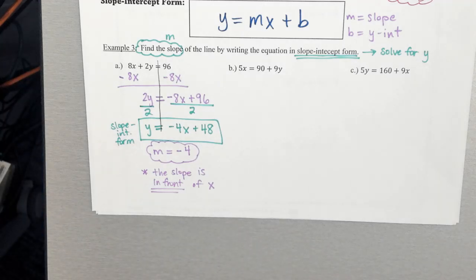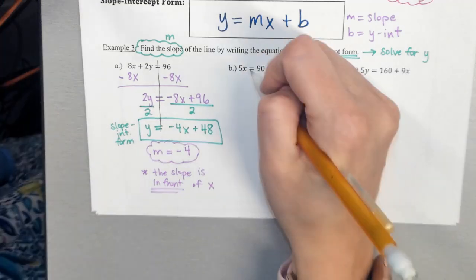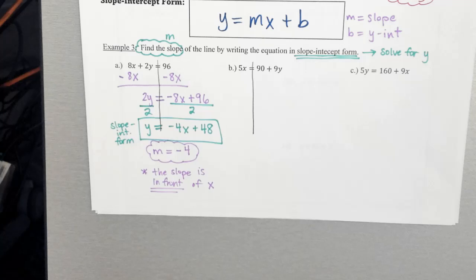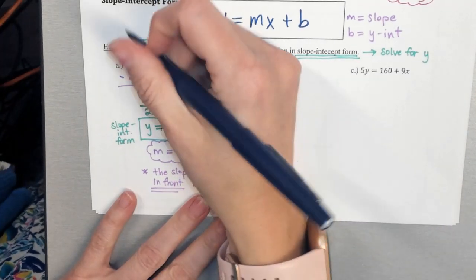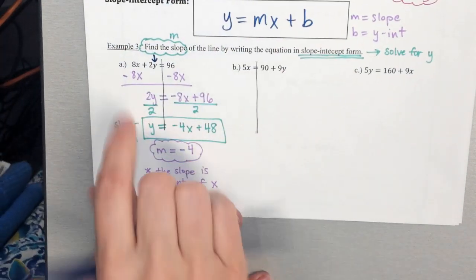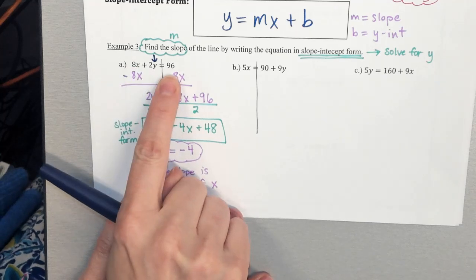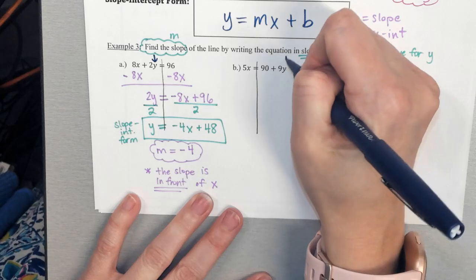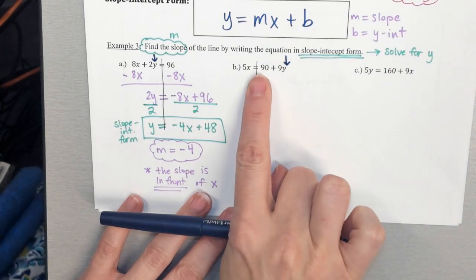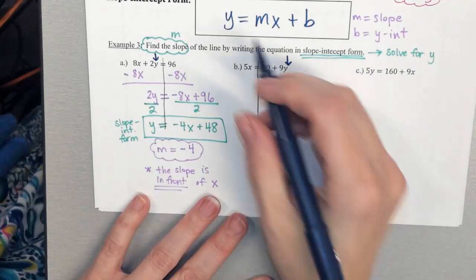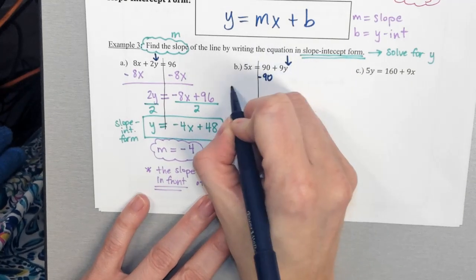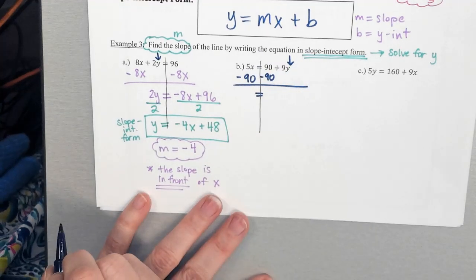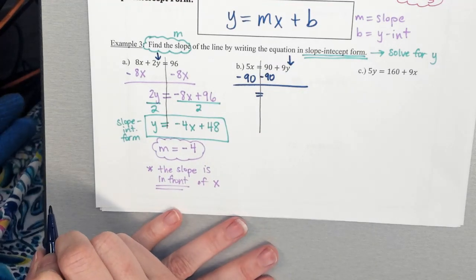Okay, so for number 2, we're going to start the same way. We're just going to put a line down the equal sign. So we're always trying to solve for y. So in this one, our y was here, and we moved over the negative 8x because it was added to it. Now my y is here on the same side as this 90, so I'm going to subtract 90 from both sides. So you're always moving over what is on the same side as your y.